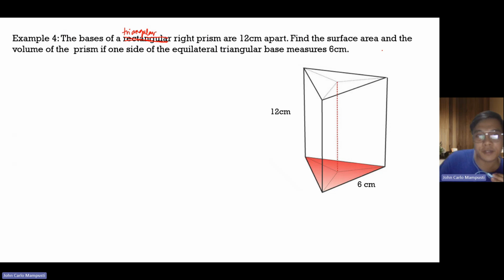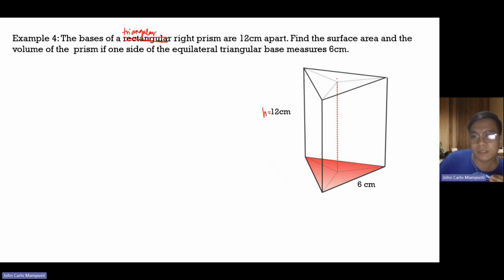Find the surface area and the volume of the prism if one side of the equilateral triangular base measures 6 centimeters. Ibig sabihin, nung sinabi niyang 12 centimeters apart daw yung bases, it means this is your height. Okay?